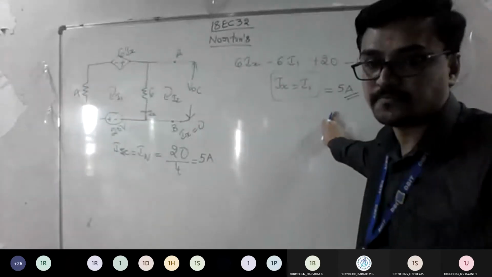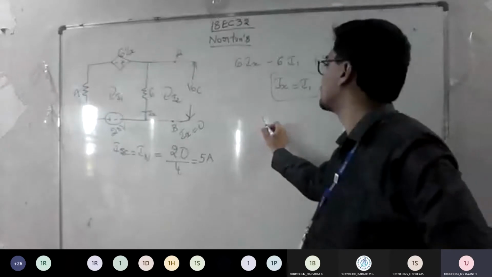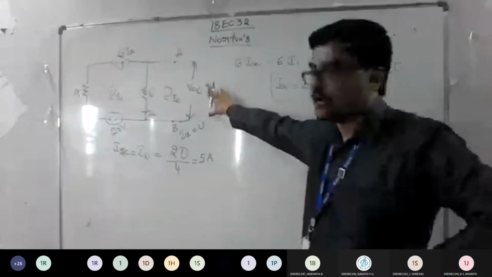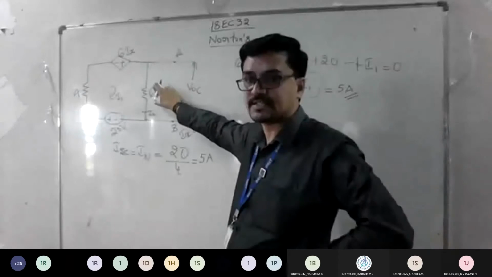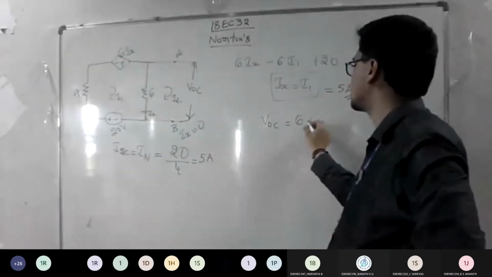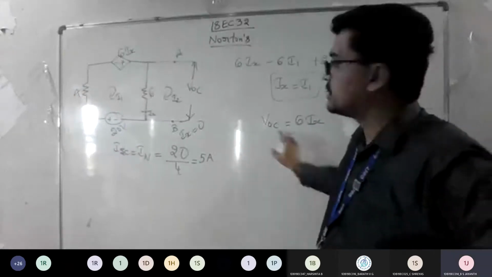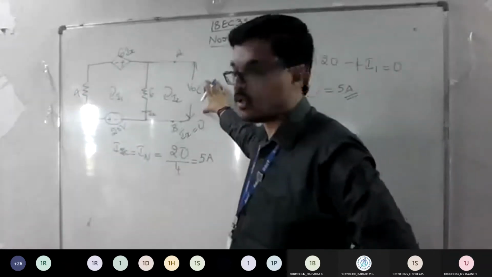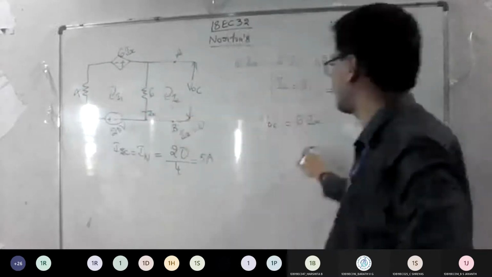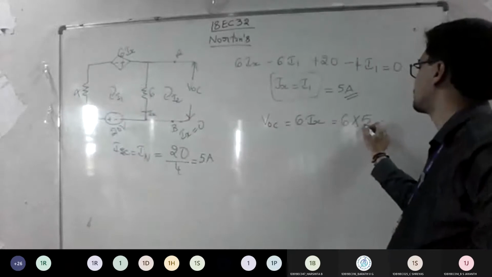But what we want is the open circuit voltage. We want to find VOC. So what is VOC equal to? VOC is across this, so it means 6 into which current? 6 into Ix. This voltage equals I into R, so I is Ix, R is 6 ohm. We already found Ix is same as I1, so just substitute that.